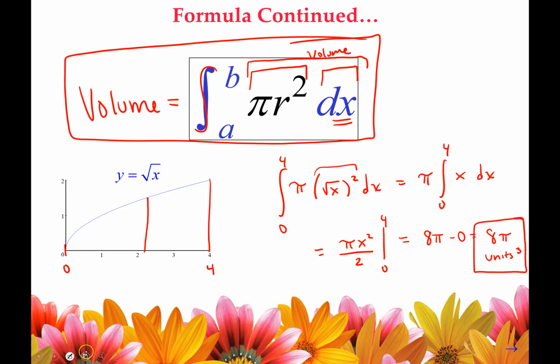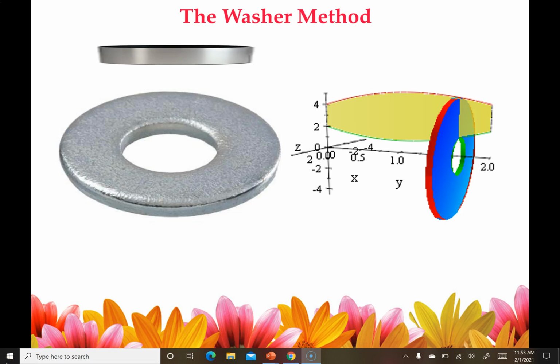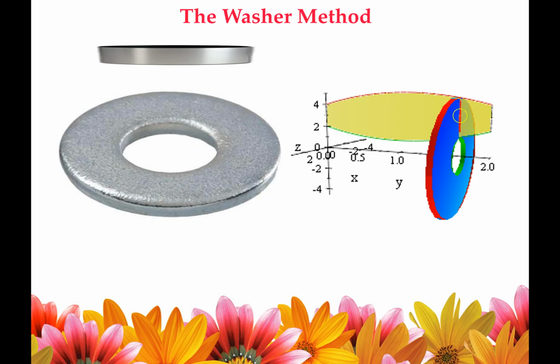All right, the next thing that we're going to talk about is finding the volume of an irregular solid using the washer method, and we're going to just revolve around the x-axis. Now for this method, we actually have a top curve and a bottom curve, which creates this kind of intersection area. And so your radius of your washer, a washer looks like this right here with the hole in it.